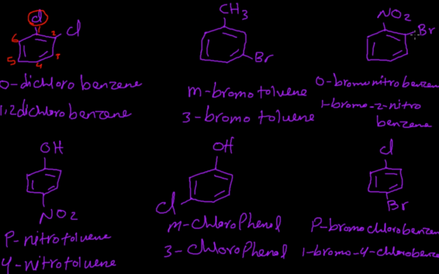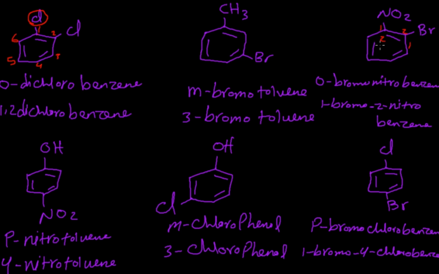Here is another example. You have a nitro group and a bromine atom on the benzene ring. You can start numbering this way, 1 and 2, or vice versa. You can say the bromine atom is 1 and the nitro group is 2. Which way will you go?